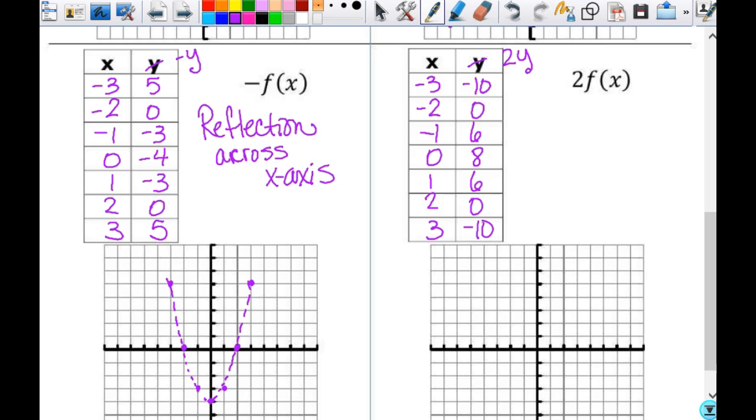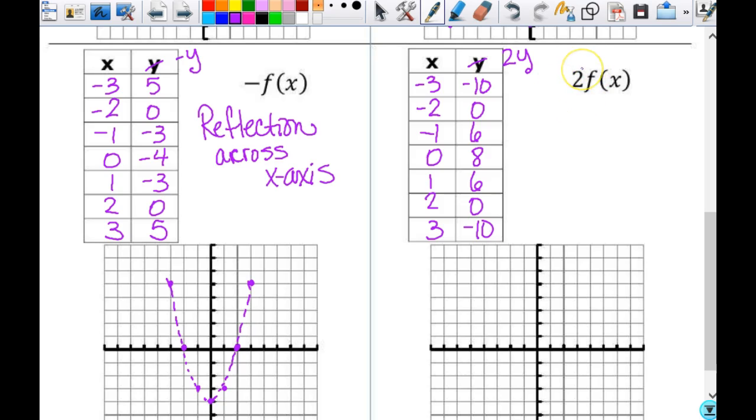So when you do this, because you're changing y, what's the first word that goes with the description? Is it vertical or horizontal? Vertical, because y is vertical. So it's a vertical what? Stretch, because it's either stretch or compression when you're multiplying, right? And it's a vertical stretch, because when you do y, you do what you see.